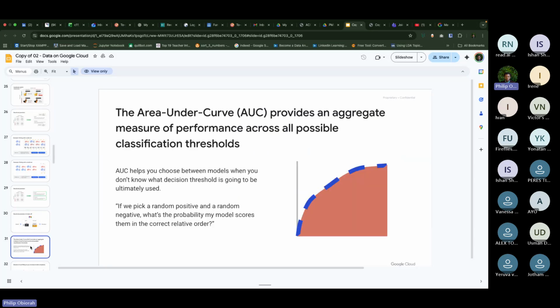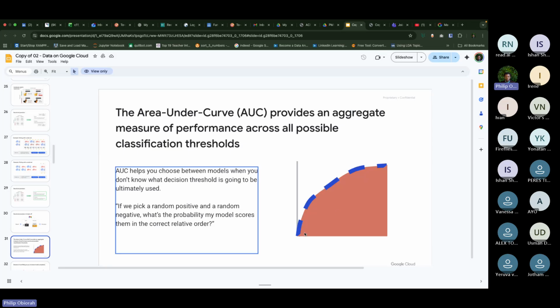And so this leads us to the area under the curve characteristics. This provides an aggregate measure of performance across all possible thresholds. As you're increasing the threshold, just like increasing the net, you will have different precision and recall values.